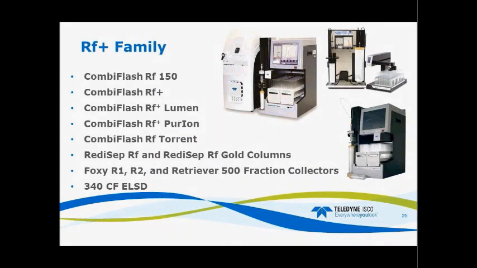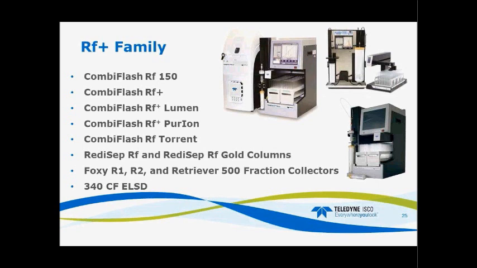Finally, just to go over the RF Plus family of products that we have that can be used commonly in purification: the RF-150, the RF Plus, which is a UV-based system; the RF Plus Lumen, which is a UV and evaporative light scattering detector; and the RF Plus PurIon, which is the mass spec system.